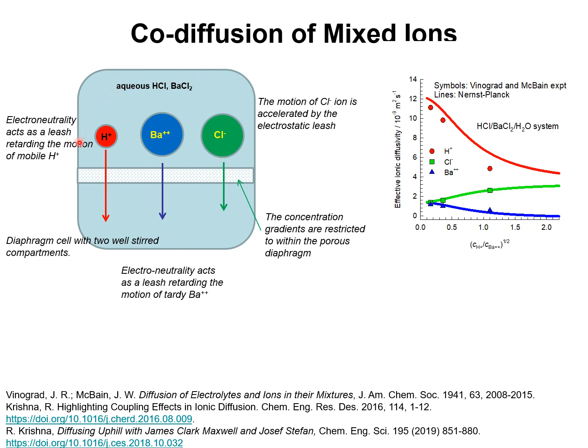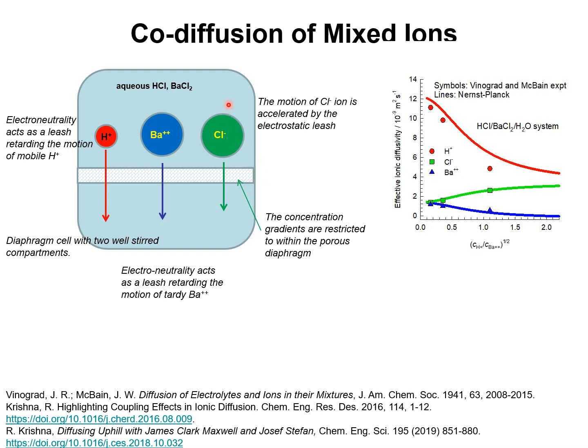The two cells are well mixed. The top compartment contains a mixture of hydrogen chloride and barium chloride, and the bottom cell is pure water. The two cells are separated by a sintered glass disc that is very thin.